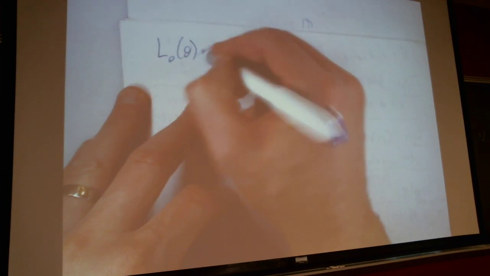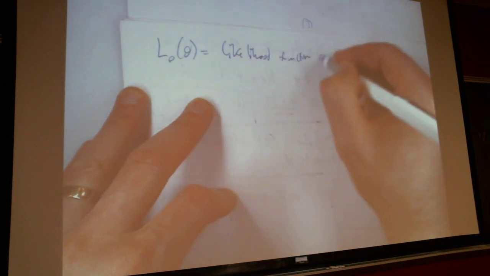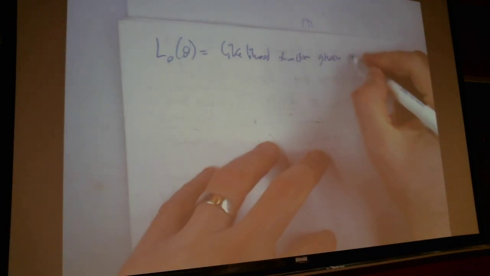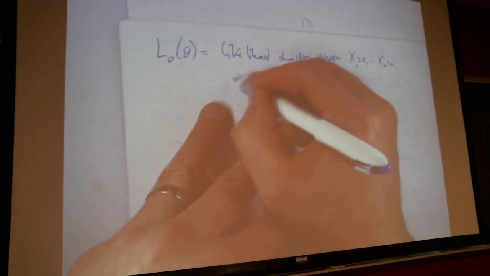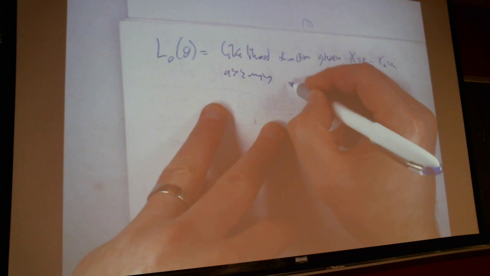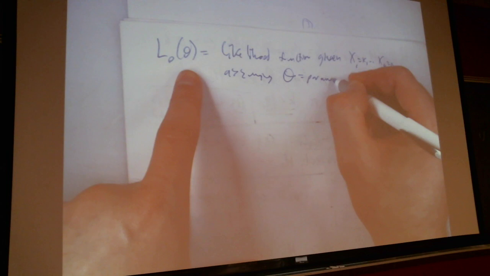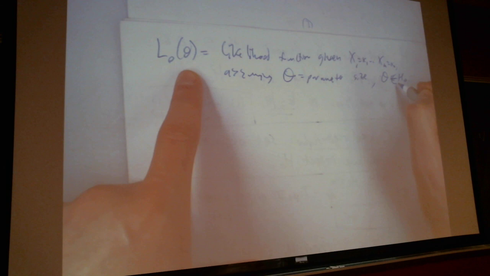Likelihood statistic, so as we saw, the likelihood function, L0 of theta, is a function of the observation given X1 equals little x1 and Xn equals little xn, assuming theta is the parameter, and theta is for theta in H0.